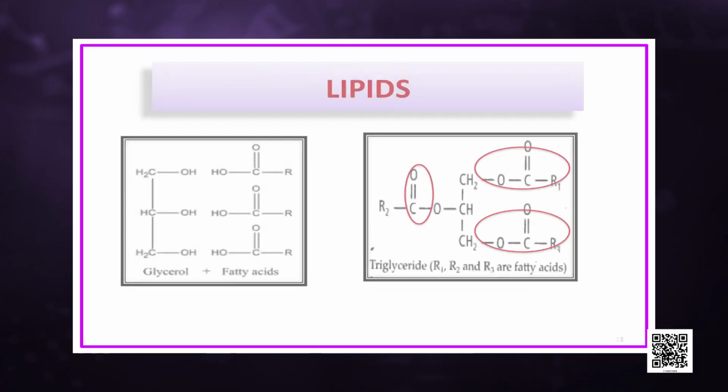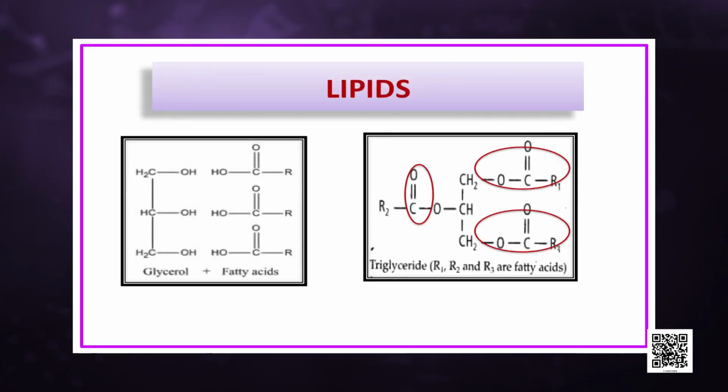Di means two. The word triglyceride refers to 3 molecules of fatty acids esterified to a single molecule of glycerol. 3 molecules of water are eliminated in the process. You can see the ester bond inside the red circle. The ester bond is O, C double bond O.